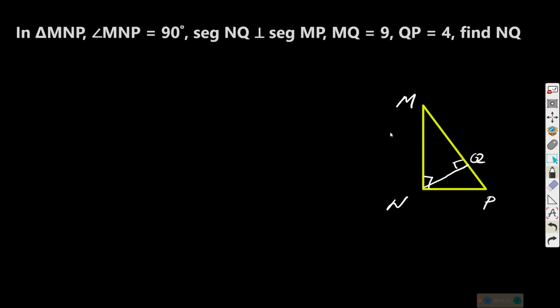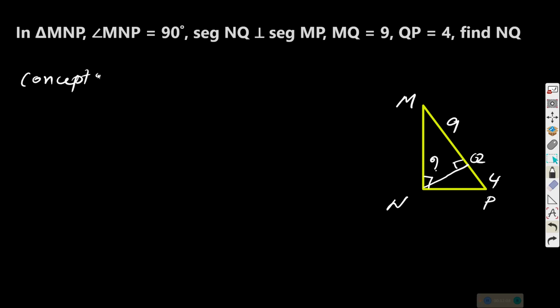Okay. So we will put this data in the given triangle. It's equal to 9 and here it is 4, and what is asked is NQ, and this is just like we have taken the right angle triangle and drawn a perpendicular to the hypotenuse.